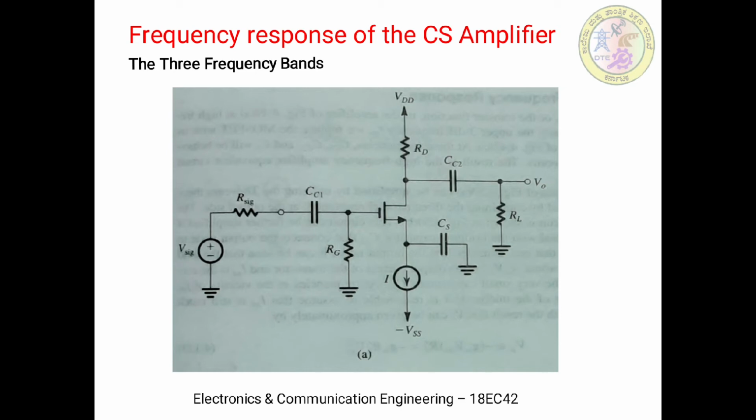From now onwards we are going to write the signal source voltage as capital V with small sig as a suffix. Similarly, for the gate to source voltage, capital V small gs, the drain voltage will be capital V small d, and the output voltage will be V0. That is particularly for the frequency response of the common source amplifier.